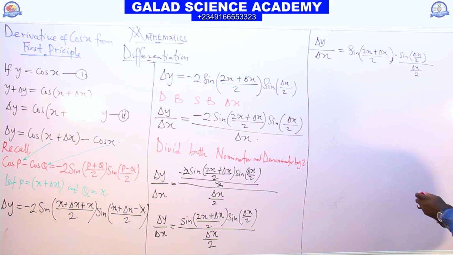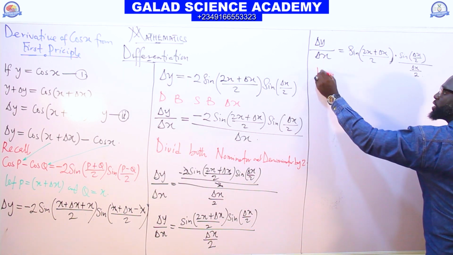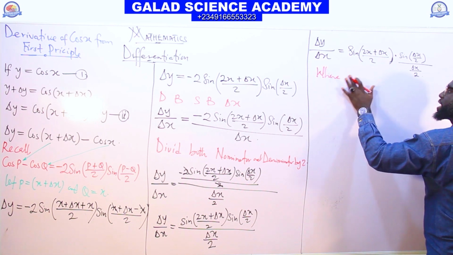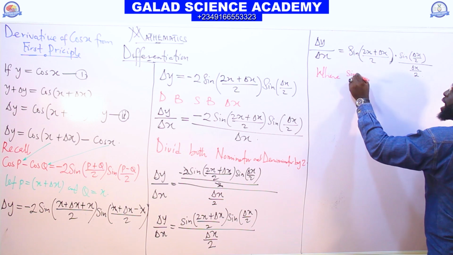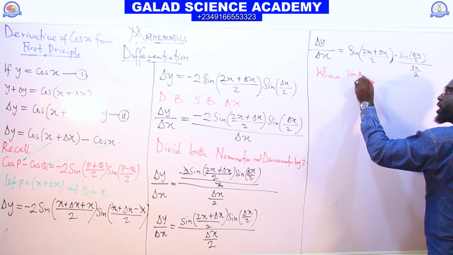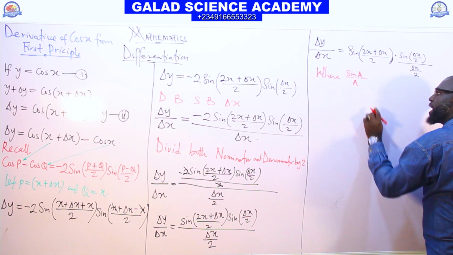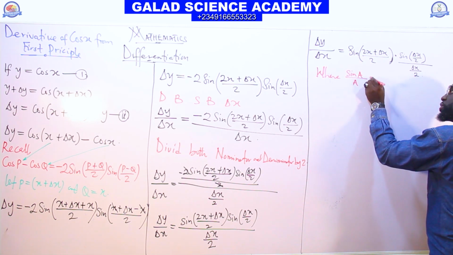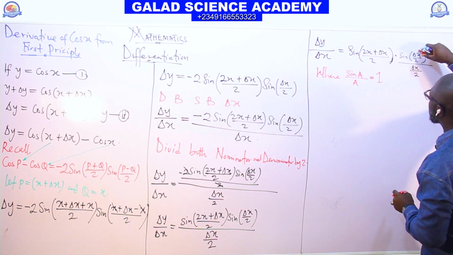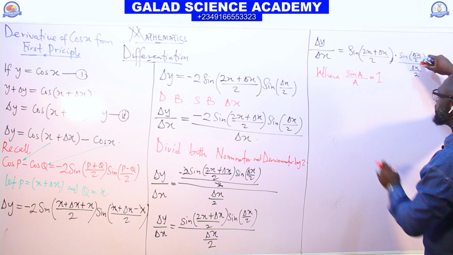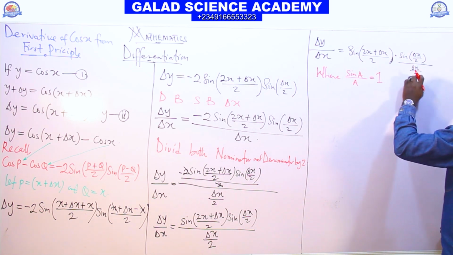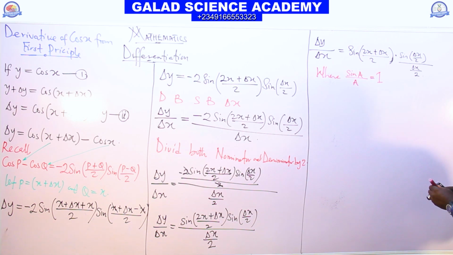Example rule: whenever we have sine of A over A, it will give you 1. Here, change in x over 2 is A, so everything you have here will be equal to 1.